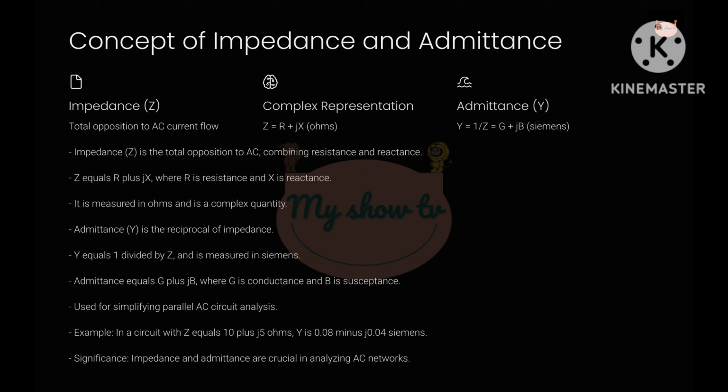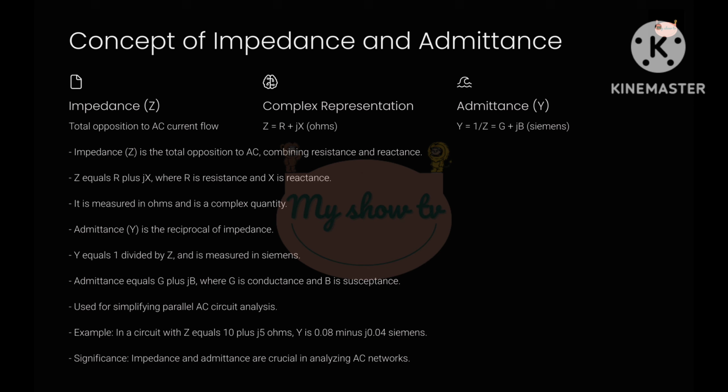Slide 3. Concept of impedance and admittance. Impedance is the total opposition that an AC current faces in a circuit. It includes both resistance and reactance. The formula for impedance is Z = R + jX, where R is resistance and X is reactance. The symbol j represents the imaginary unit.